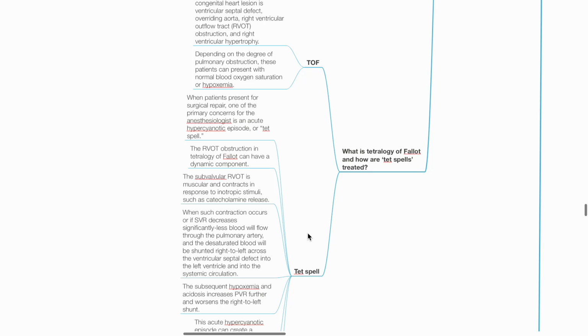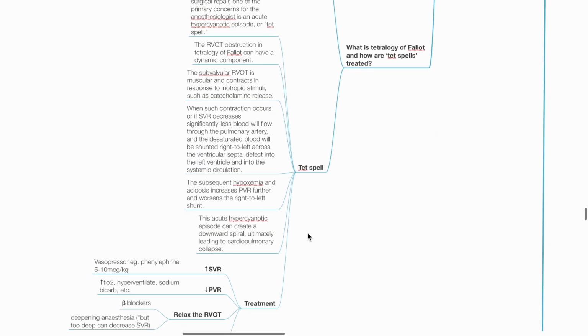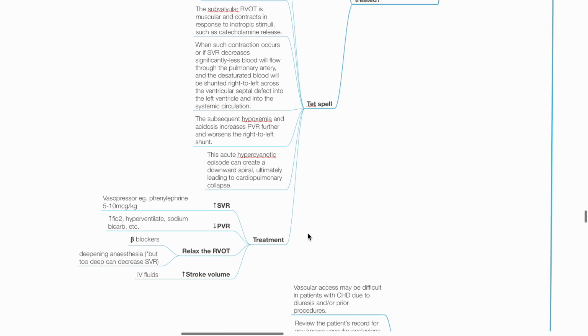When such contraction occurs, or if SVR decreases significantly, less blood will flow through the pulmonary artery and desaturated blood will be shunted right to left across the VSD into the left ventricle, reaching the systemic circulation. Subsequent hypoxemia and acidosis increase PVR further and worsen the right to left shunt. This acute hypercyanotic episode can create a downward spiral, ultimately leading to cardiopulmonary collapse.